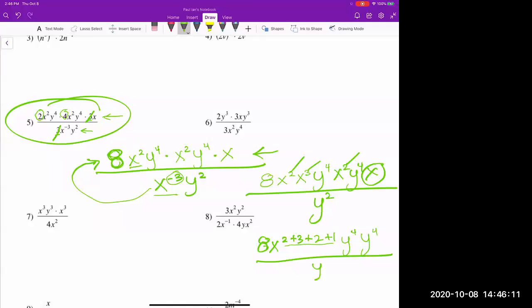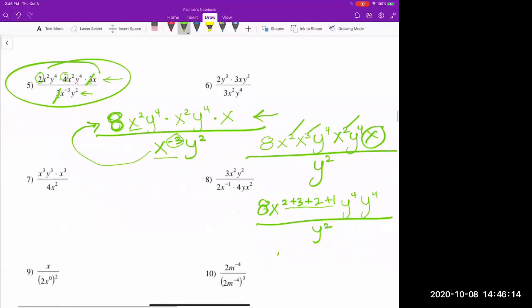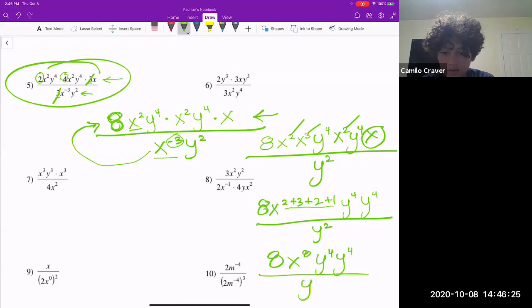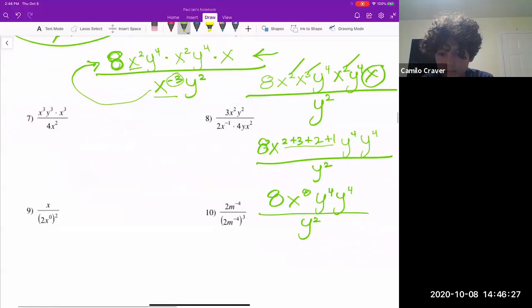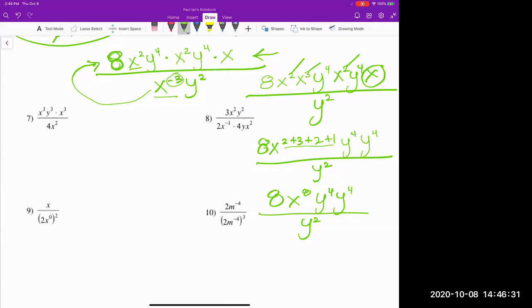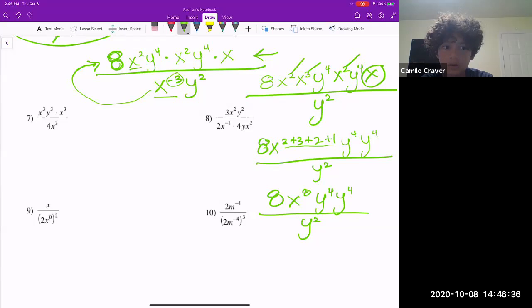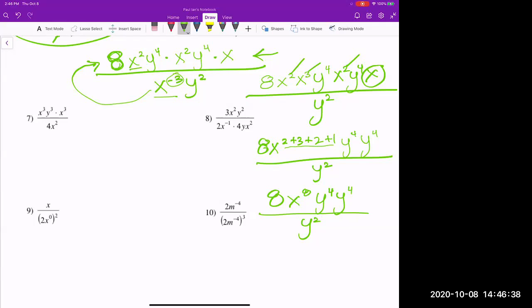So y squared. That's 8x: 2 plus 3 is 5, plus 2 is 7, plus 1 is 8. Now I have this guy, right? 4 plus 2 plus 4. But this is at the bottom though, right? So do you plus it?